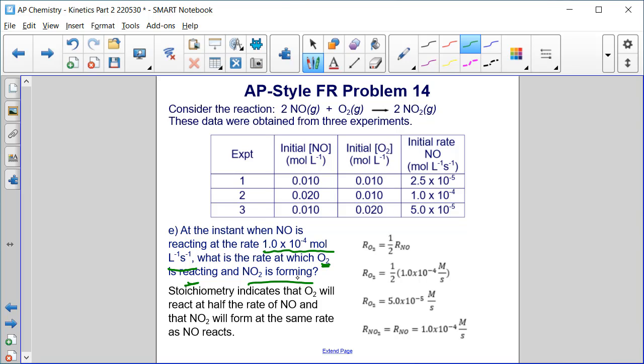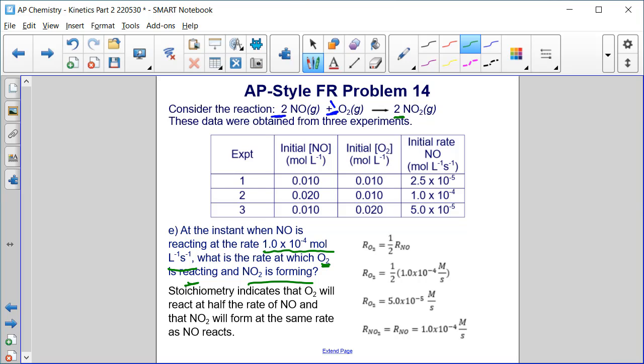We can use the stoichiometry from the reaction itself to see that the rate of disappearance of the oxygen, because there's a coefficient of 1 here, is half as much as that of the disappearance of the NO, and that the NO and NO2 are a 1-to-1 ratio here. So for every 2 moles of NO that react, 2 moles of NO2 will form.